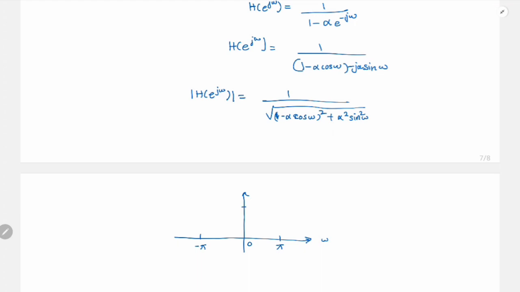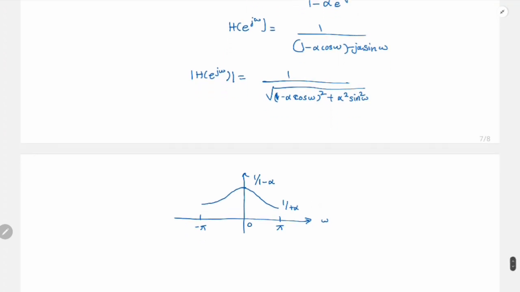So at 0 it starts with 1 by 1 minus alpha, right? And at pi, cos becomes minus 1, so you will have 1 by 1 plus alpha, something like this, right?